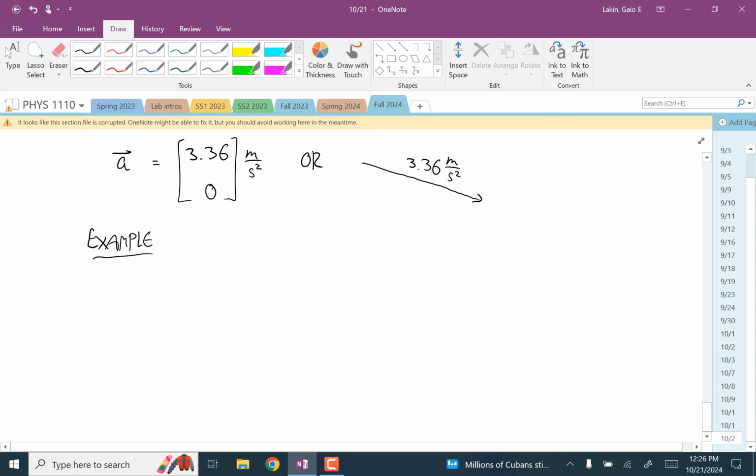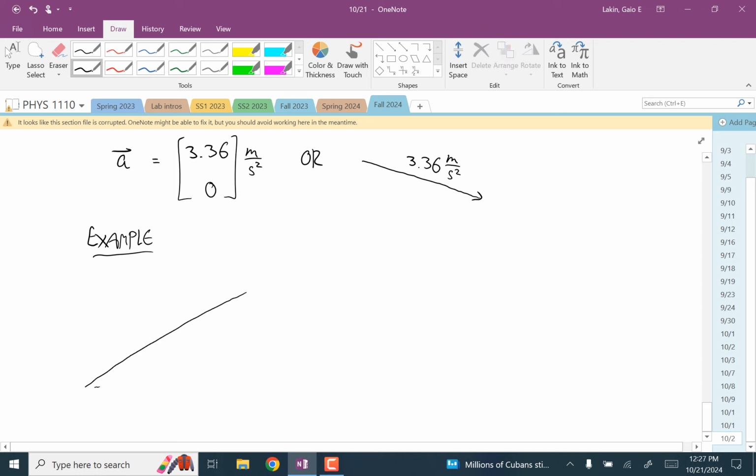Okay, let's do another one. So this time, let's say we have an angle of 25 degrees. And a block with a mass of 2 kilograms. And the coefficient of friction between the block and the ramp is 0.1.